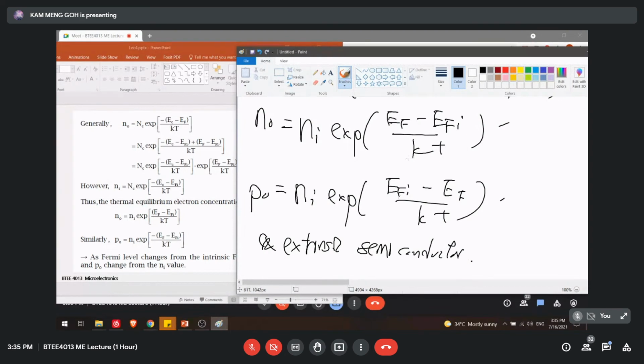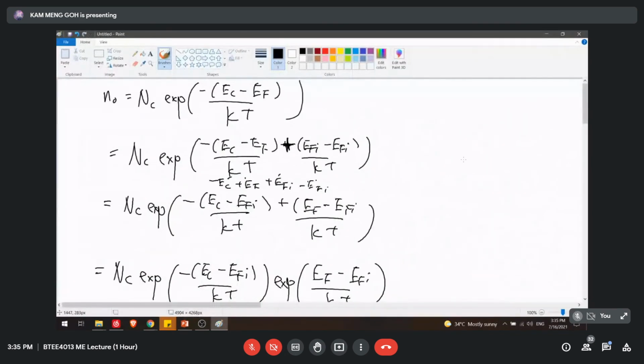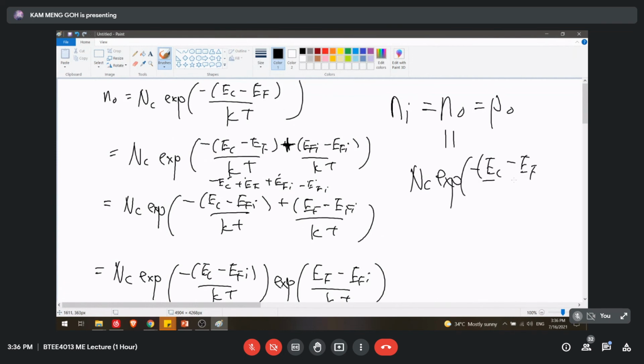Here we are making some assumptions. Last time during the very first lecture, we know that Ni will be equal to NO will be equal to PO also. Then NO will be equal to NC exponential minus EC minus EF over KT.